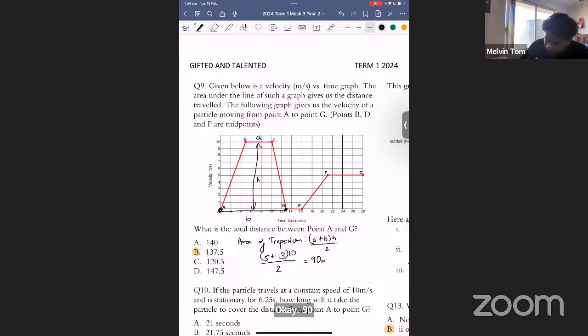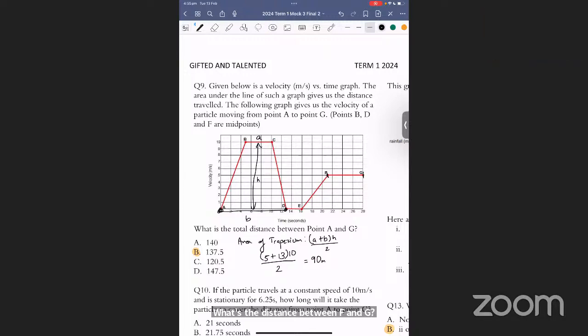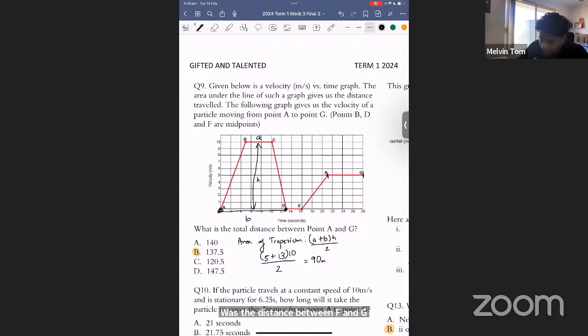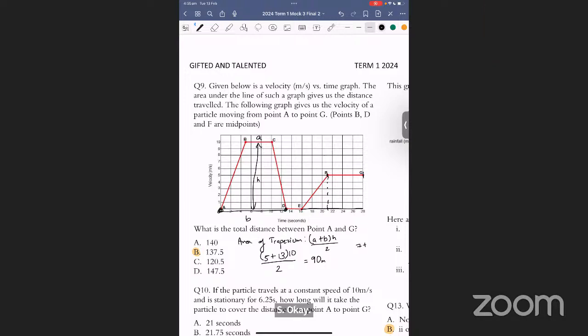The right-hand side, let's do the same thing. What's the distance between F and G? 21 to 28, 7, good. And then what's the total base distance? 12.